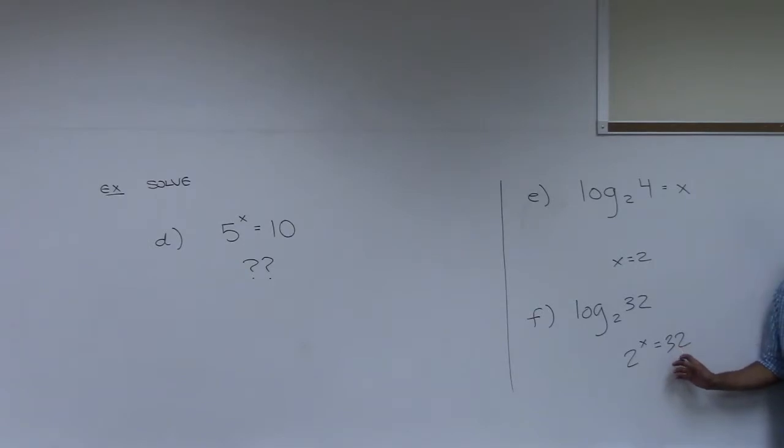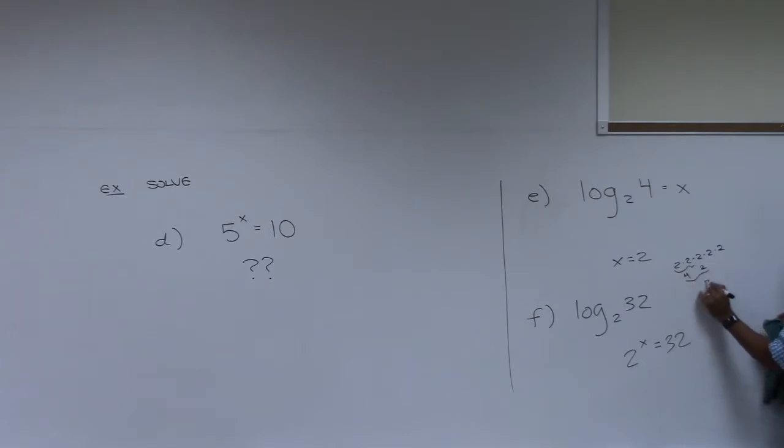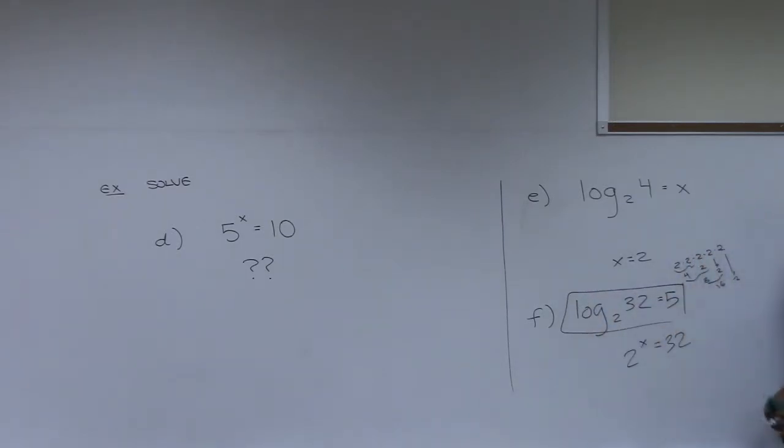It should be 5, 2 to the 5th power. I mean, you would have to actually maybe try it. 2 times 2 times 2 times 2 times 2. These 2 are 4. Put that together with this 2, that's 8. Put that together with this 2, that's 16. Then put together with that 2, that's 32. So you get 2 to the 5th power. So the answer to this would be 5. 2 to the 5th power is 32.